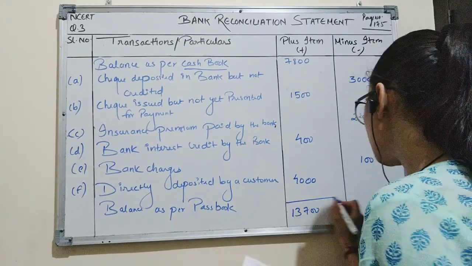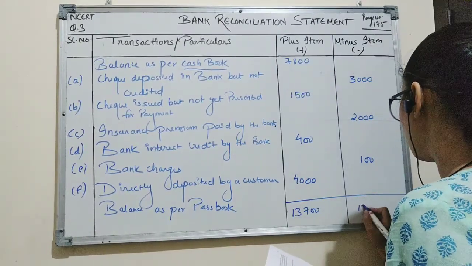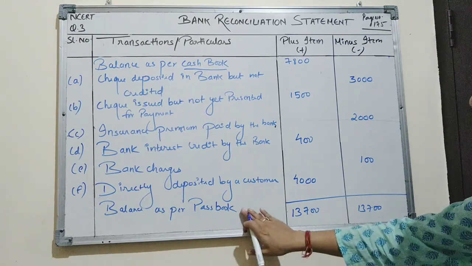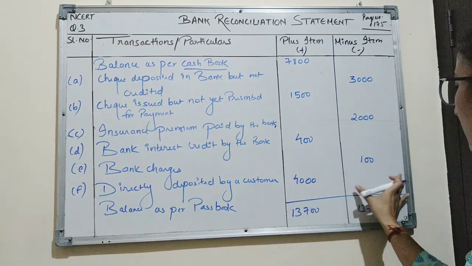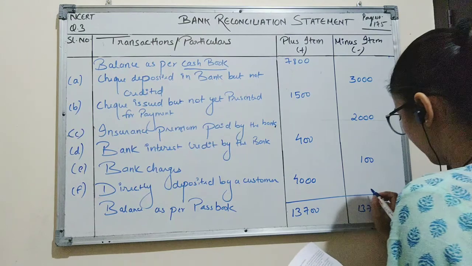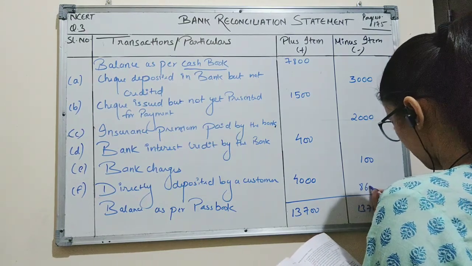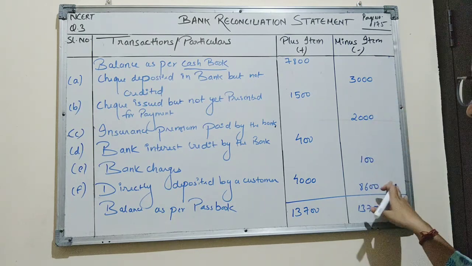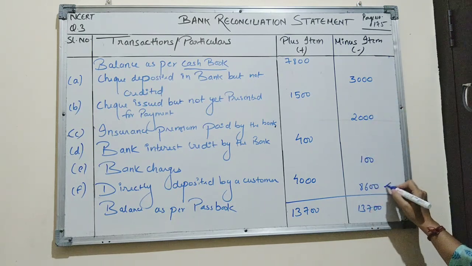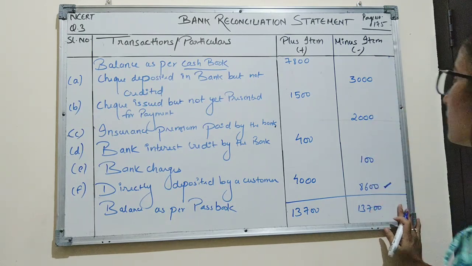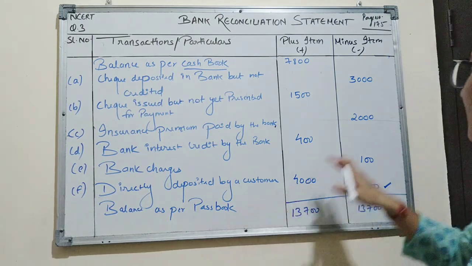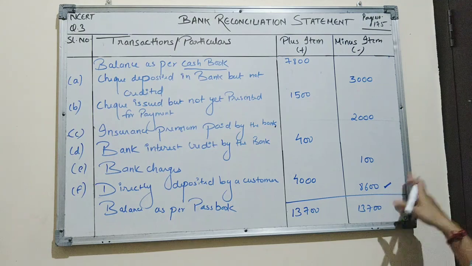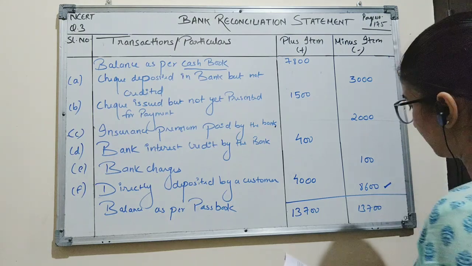So we will record this value on both the columns, 13,700, 13,700. So here balance as per passbook in minus item will be 8,600. This is the balance as per passbook. So this balance is a favorable balance, because we know that when the closing balance is in the minus item, it is considered as favorable balance.